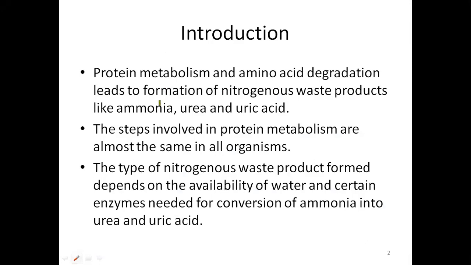Now, as we have discussed in the previous class, protein metabolism leads to the formation of what are known as nitrogenous waste products. There are five different types of nitrogenous waste products. Majorly, we shall be considering ammonia, urea, and uric acid, how they are formed and how they are excreted out.